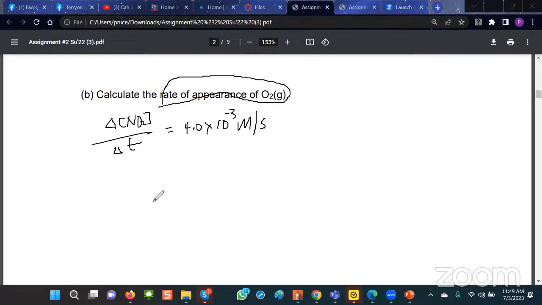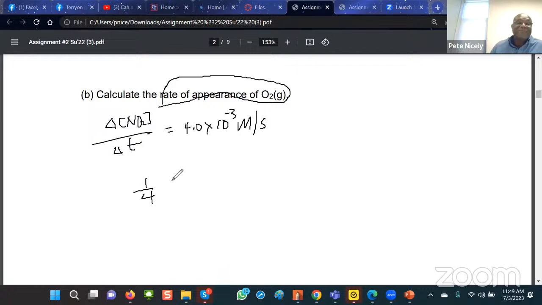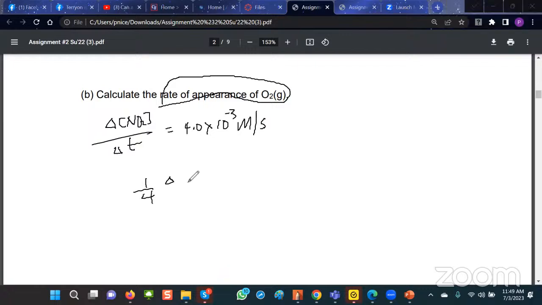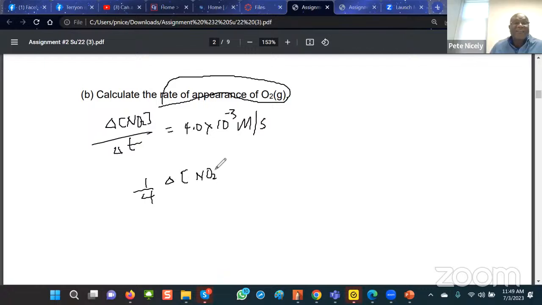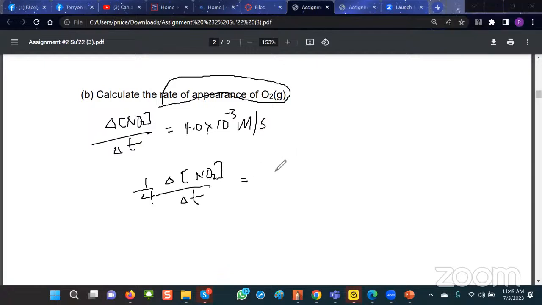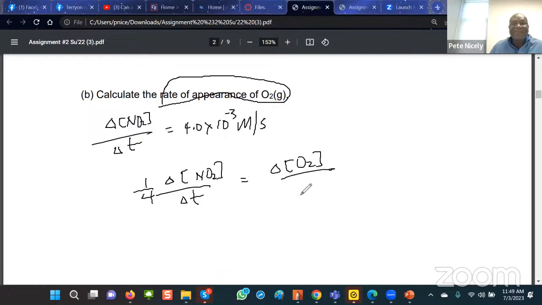Okay, so how would you express that? 1 over 4 times the change in concentration of NO2 over change in time. And that would be equal to what? Change in concentration of oxygen over change in time. Exactly. Very good.